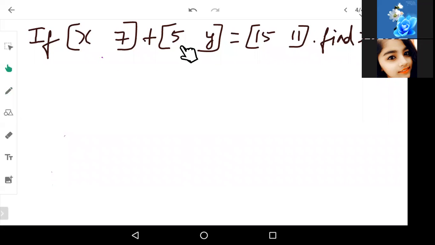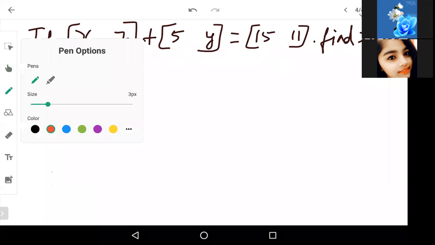So these are corresponding elements. Then you have 7. In the place of 7 in the other matrix, you have Y. Okay. So first we will be doing the addition part and then we will be equating that to the constants that is given to us.